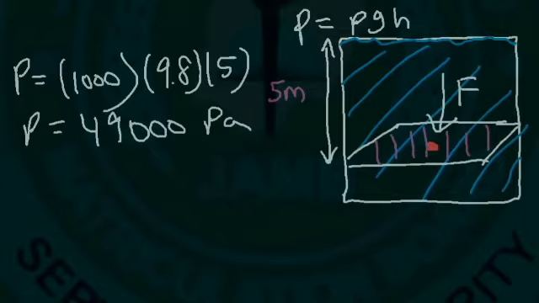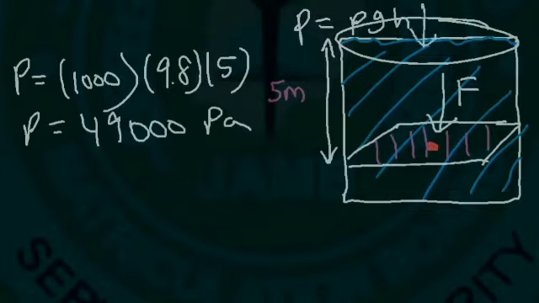Now, what would be the pressure if this container was not closed, if it was open to the environment? In that case, the pressure at this point would be higher because you have the weight of the atmosphere pushing down on the fluid. So in this case, the pressure at the point of interest is going to be called the absolute pressure, that's P, and that's equal to the pressure of the atmosphere plus the gauge pressure.